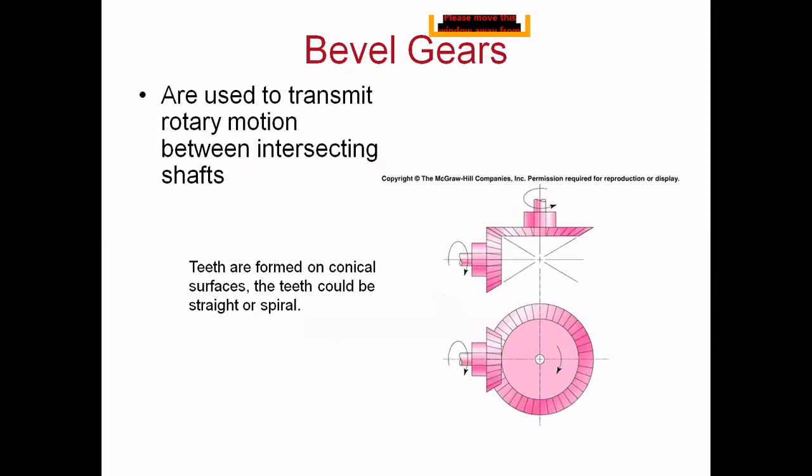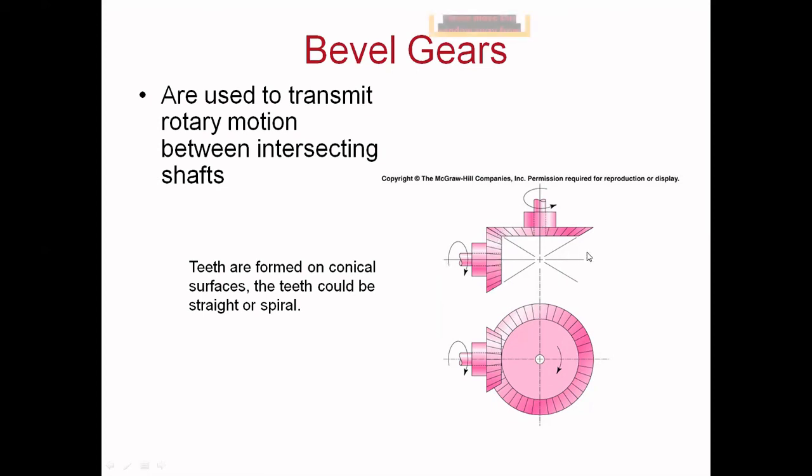Then you can see here, this is the bevel gear. Power is transmitting from this shaft to this shaft. You can see these are the teeth on this gear, and these are the teeth on this gear. There is meshing of these teeth at this point.